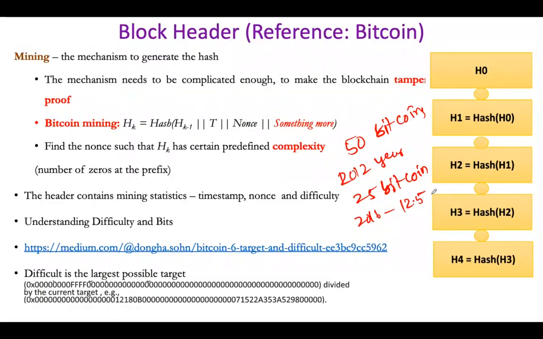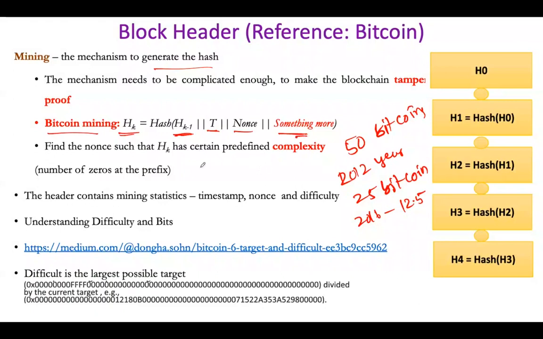So what are the basic tasks of a miner? Miners need to compute and generate the hashes. In Bitcoin mining, the hash of the new block is generated based on the previous block hash value, timestamp, nonce, and something more we will discuss.